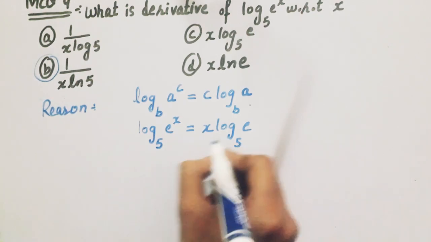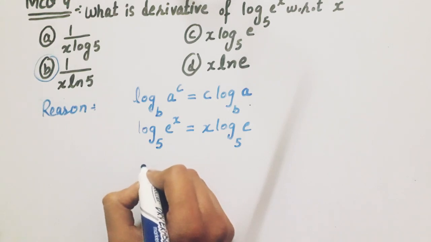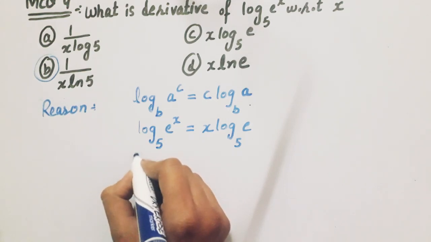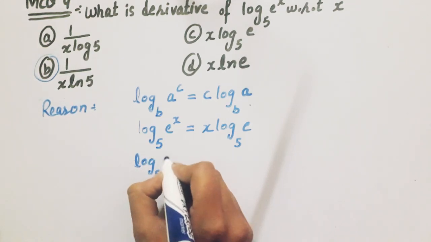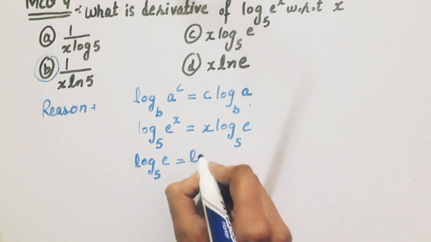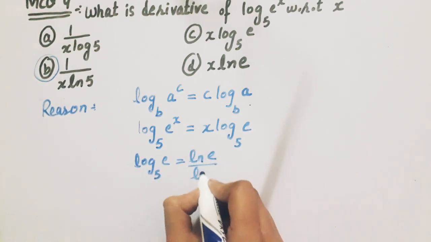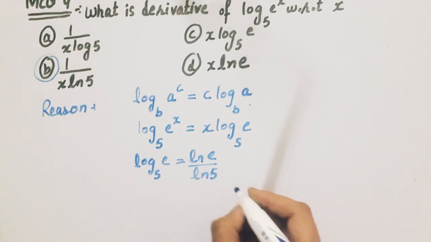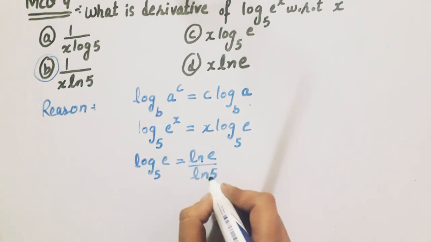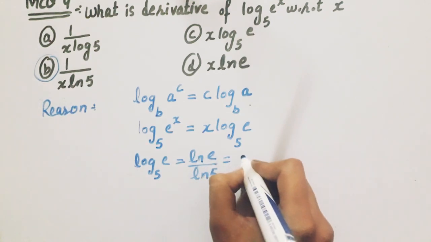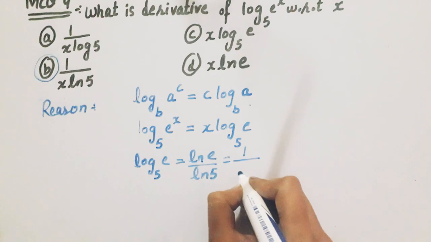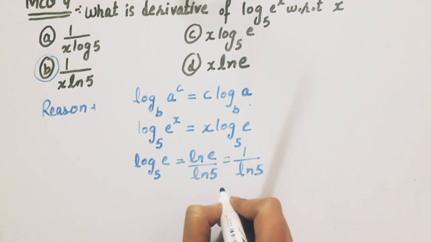Log base 5 of e will be equal to ln e by ln 5. This is the change of base formula, and the value of ln e is always equal to 1. So it will become 1 over ln 5.